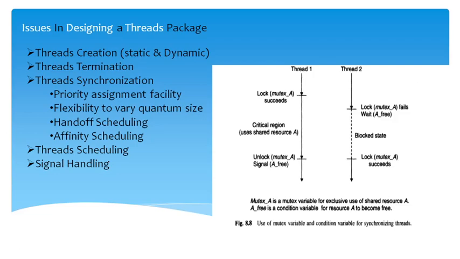So a segment of code in which a thread may be accessing some shared variables is called the critical region. We have discussed this: when two or more processes share variables from a segment of code in a memory area, it is called the critical region.